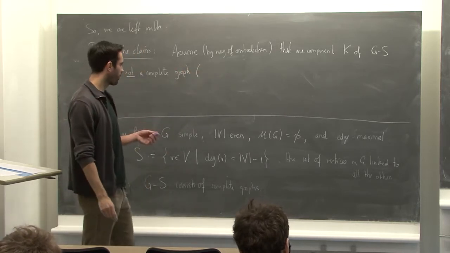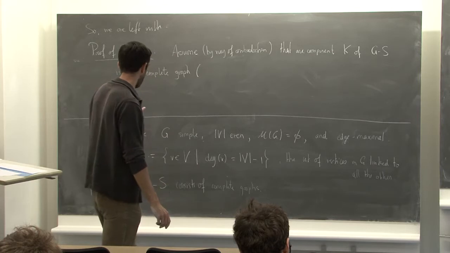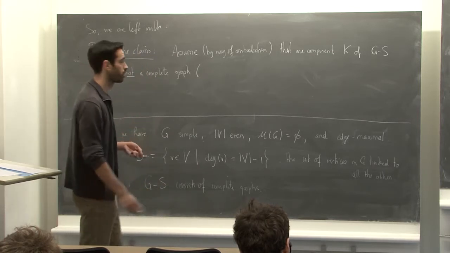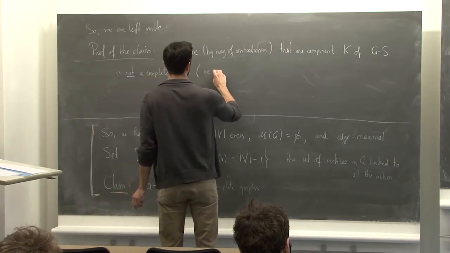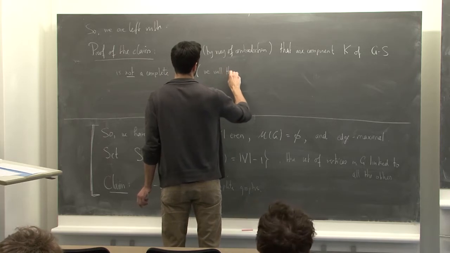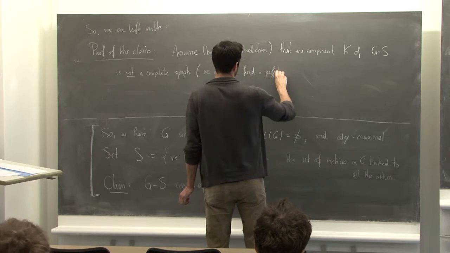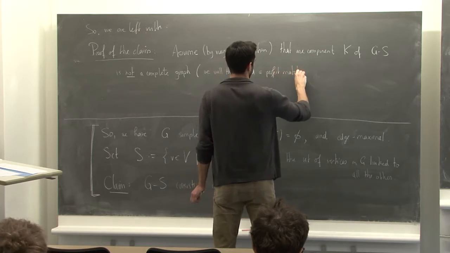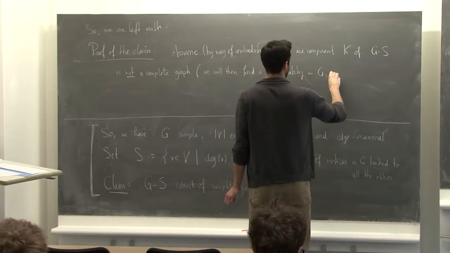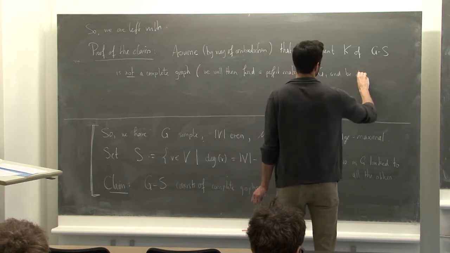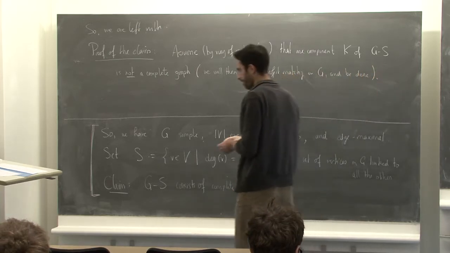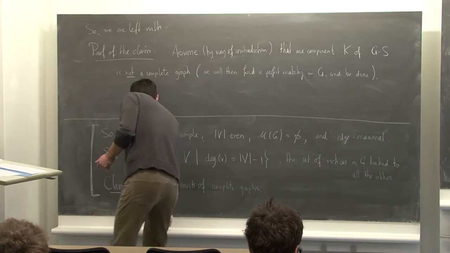And then the way we're going to have a contradiction is that we will find a perfect matching on G and be done.